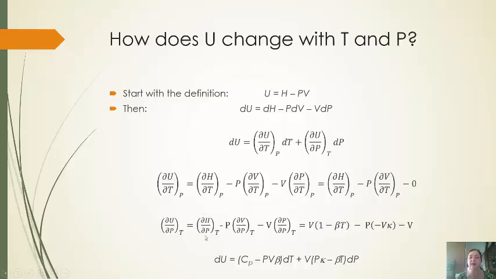Again, we've already calculated this, and dV dP at constant temperature is beta T. No, that's the kappa, sorry. This is the V times kappa. And so we end up with this expression here. This we already knew, and we can rewrite this in this way here.